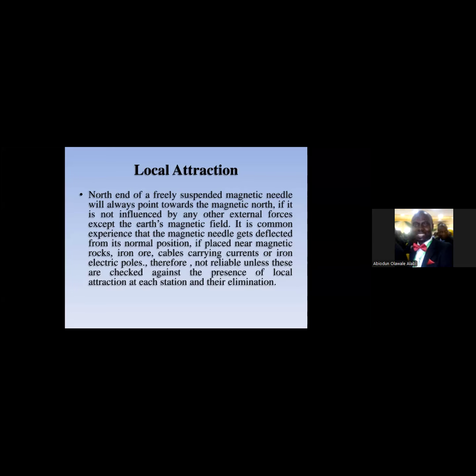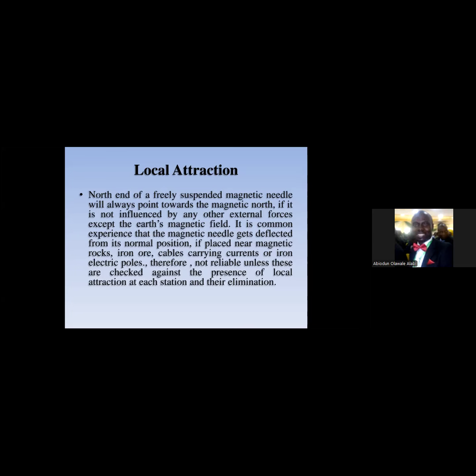But when there is influence of magnetic substances like iron ore, steel, etc., or electric currents, all of these make the magnetic needle deviate from the direction of the magnetic north.